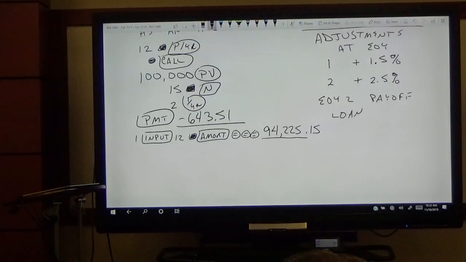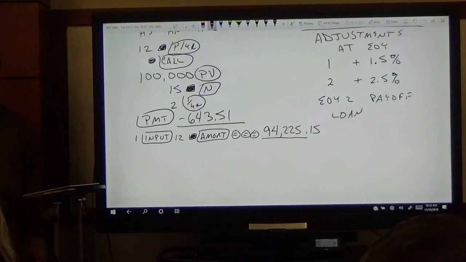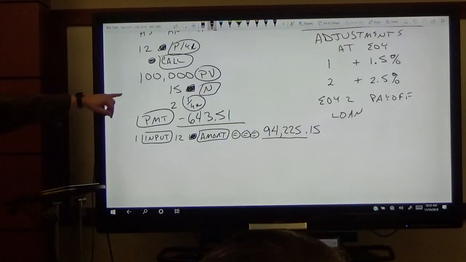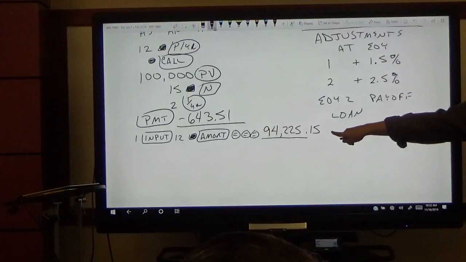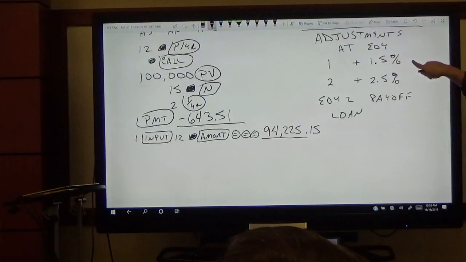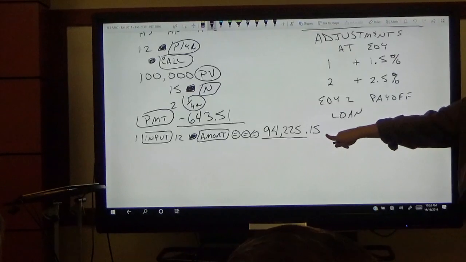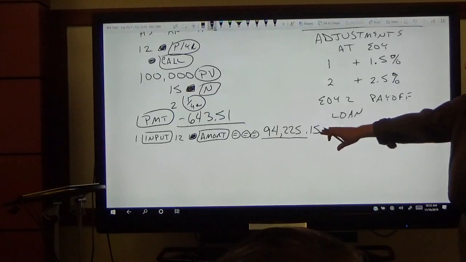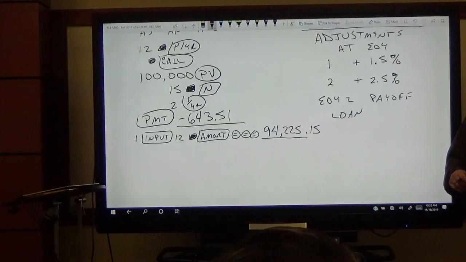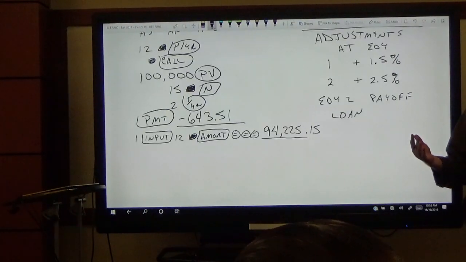What's going to happen is at the end of that first year, the lender is going to make an adjustment upwards of 1.5% on the balance that you owe them. Now, you're going to say, why in the world would they do that? Why in the world would we agree to that? Well, they're doing it because they're saying the value of that property has changed over that time period.